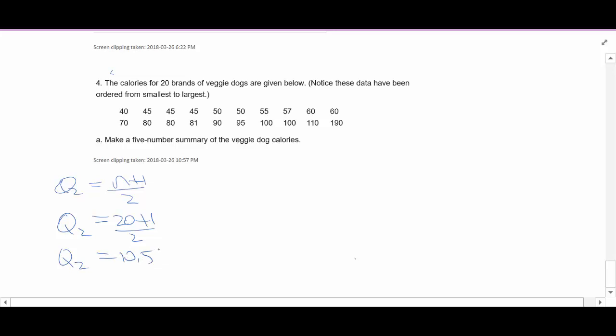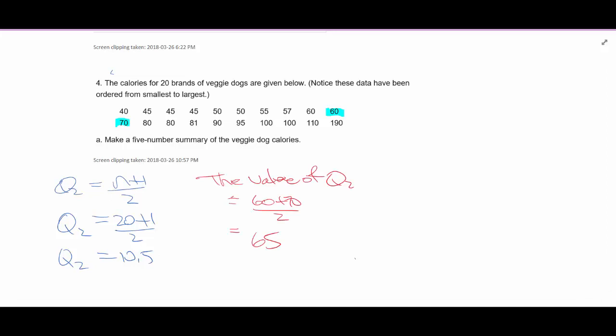So Q2 is the average of the 10th value and the 11th value. The 10th value in the ranked data is 60, and the 11th is 70. So the value of Q2 will be the average of 60 and 70, which is 65.